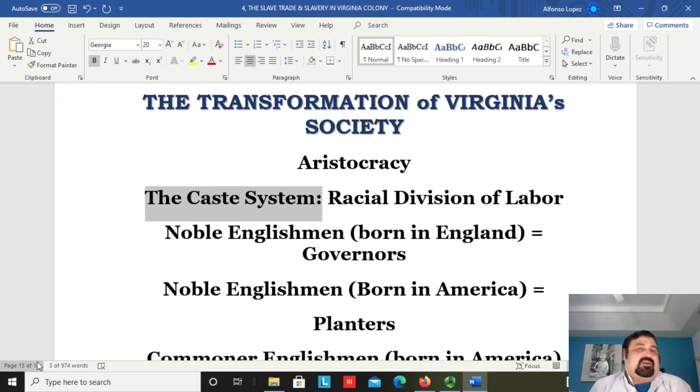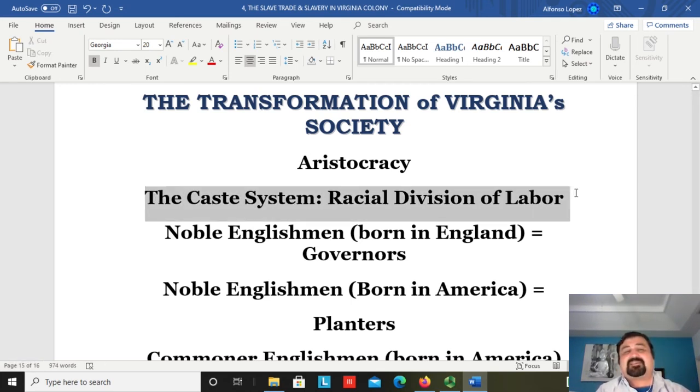By the 1600s, not only in Virginia but also in the Spanish colonies, for example in Mexico and Central America, society will be divided into different groupings, each performing a different occupation, and at the same time that group is categorized or labeled as a race. This is the creation of race, the beginning of race in human history. This is what we know as a caste system.